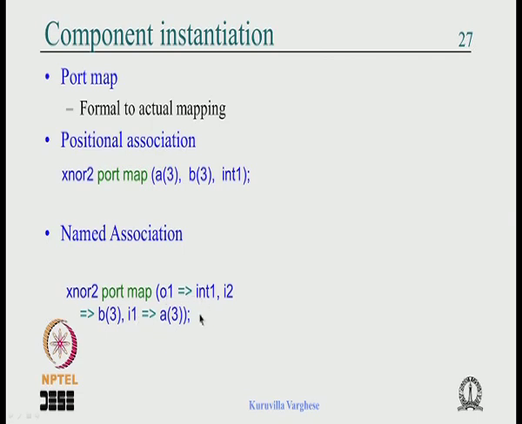You do not have to keep any order, you correctly say which formal port is mapped to which actual port, that is it. So that is the named association, the most useful way of describing the component instantiation. So let us move on.